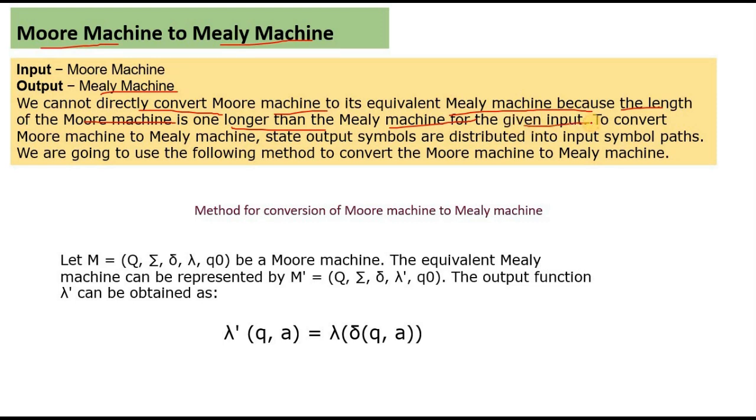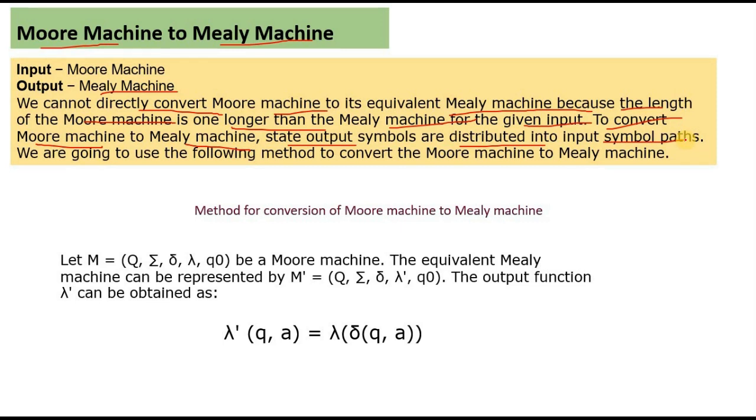So to convert a Moore machine into a Mealy machine, the state output symbols are distributed into the input symbol paths.